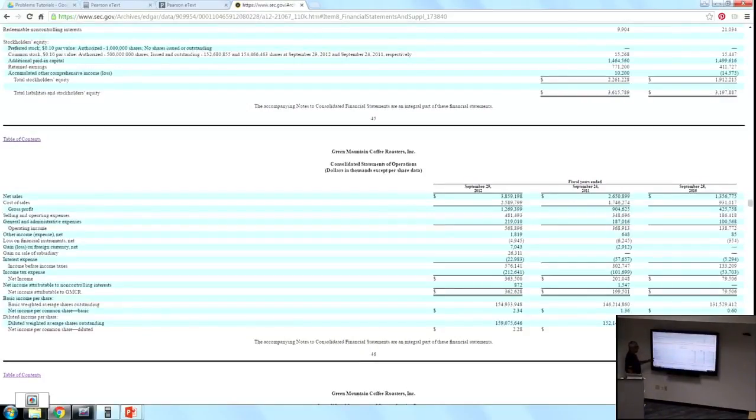Without dilution, it was 2.34. With dilution, the number of shares outstanding goes up to 159. That includes other shares that may not be available to common. All of that has to be included when we calculate the diluted earnings per share. So diluted earnings per share is 2.28.